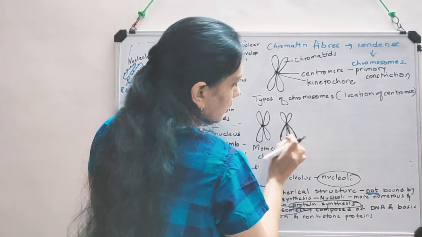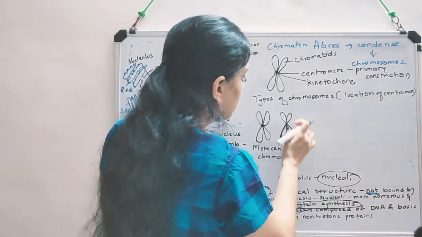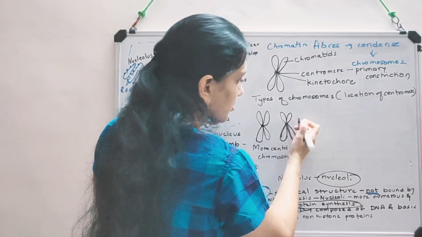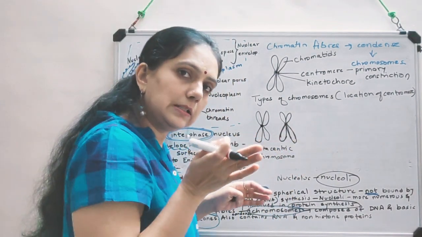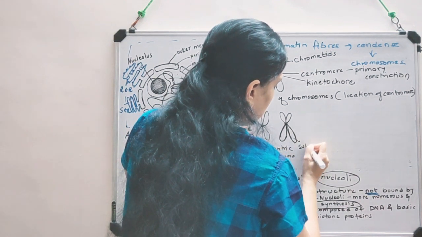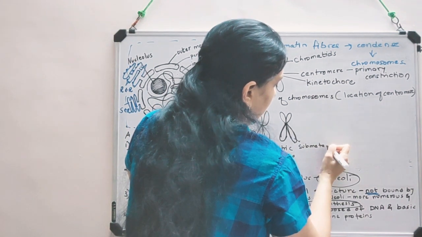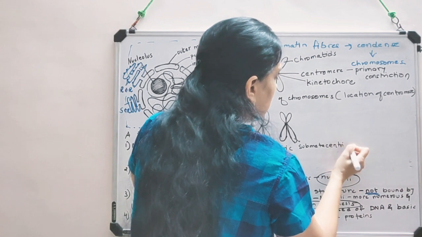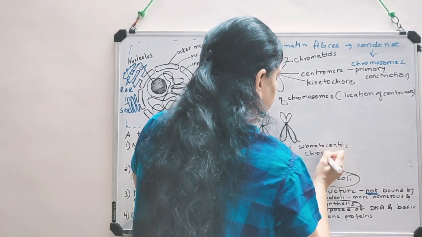So you can see the lower are the longer arms, these are the shorter arms, and the centromere is not in the center, it is a little away from the center. Such chromosomes are called submetacentric chromosomes.